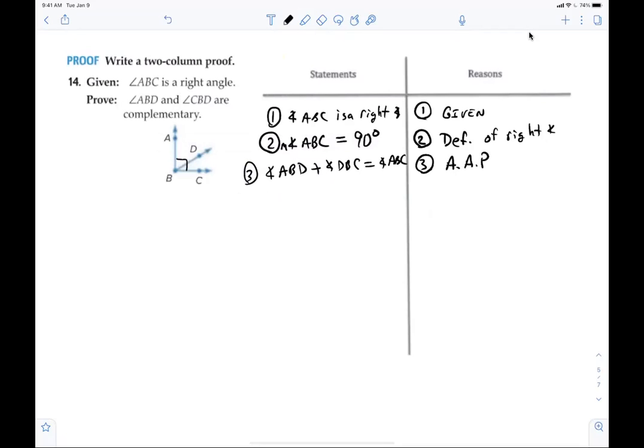Angle addition postulate. So now what? Equals what? 90 degrees. Why does this equal 90? Substitution.